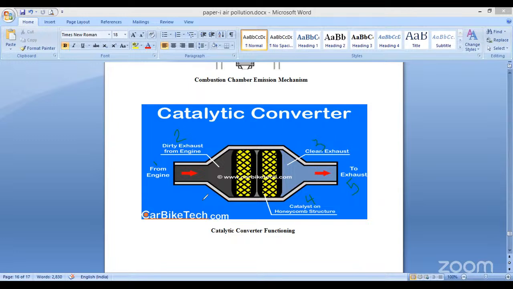After that, the dirty exhaust passes through the honeycomb structure, then it will be cleaned up and clean exhaust will be released from the other side. This is about the catalytic converter.